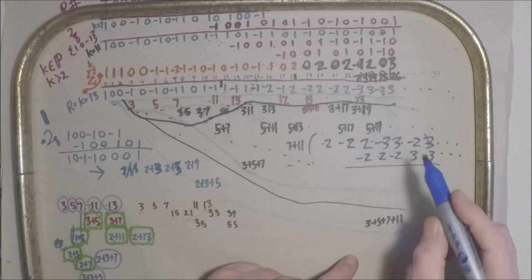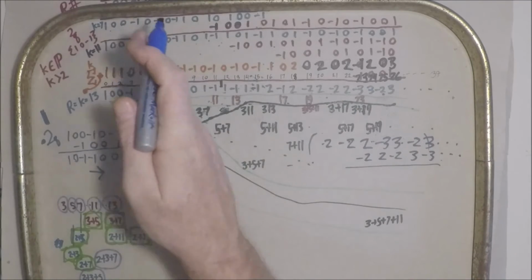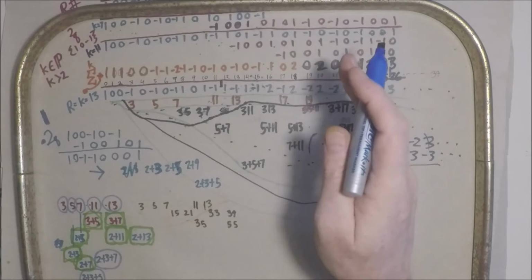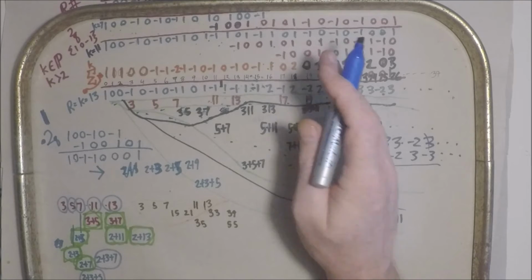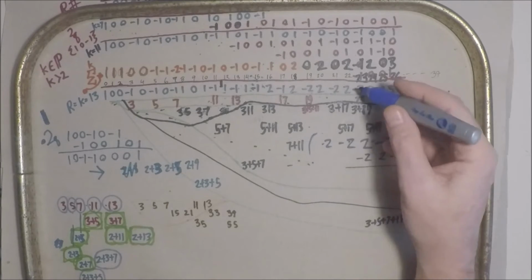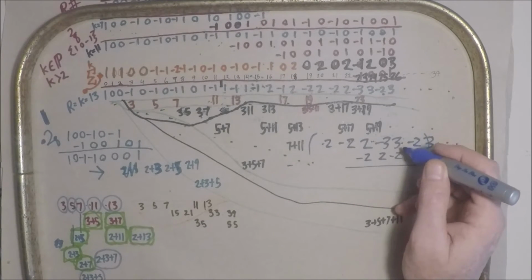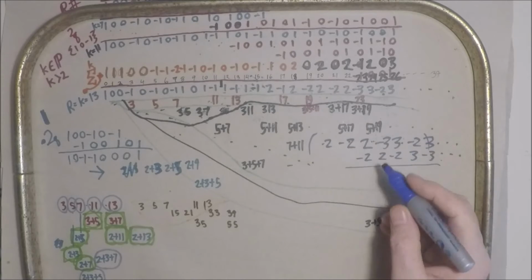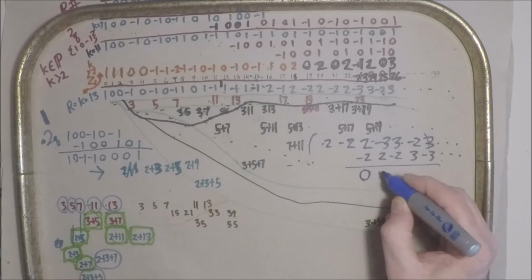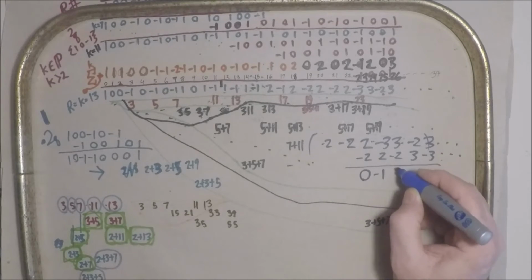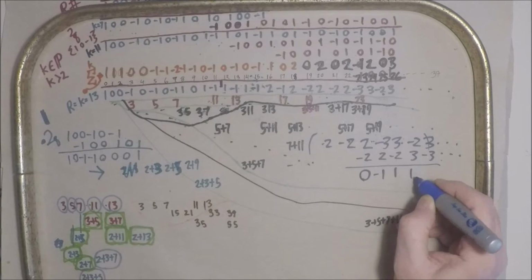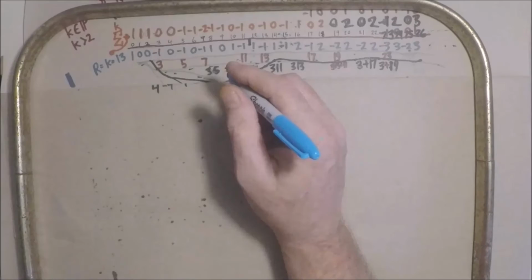And because the sign is strictly alternating odd even here, these numbers are always going to be of opposing sign, and so we get 0 here, negative 1 here, 1 here, 1 here, 0 here.